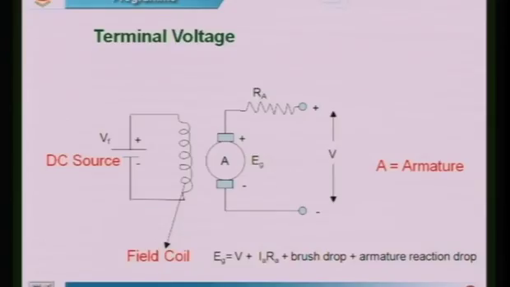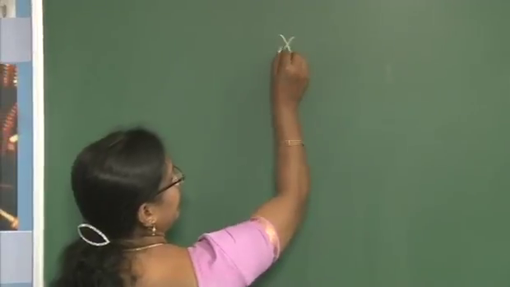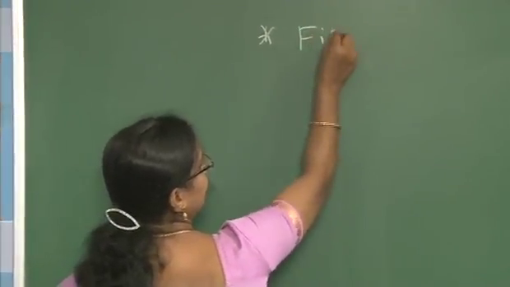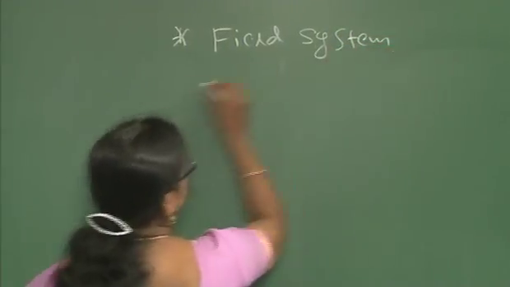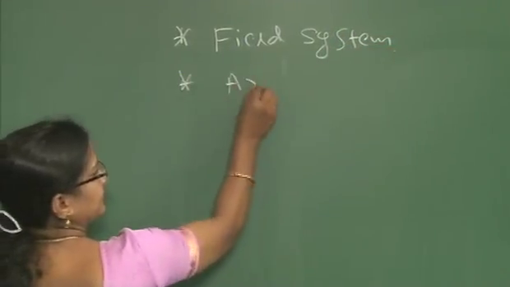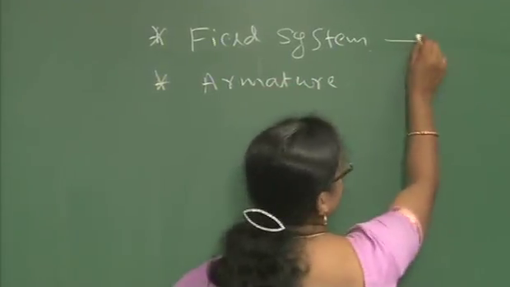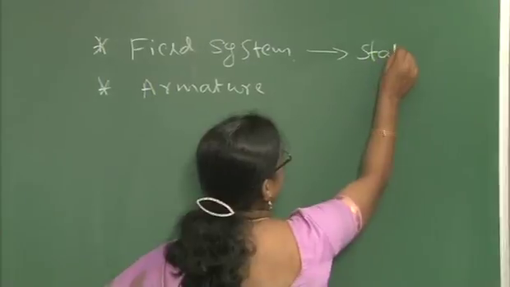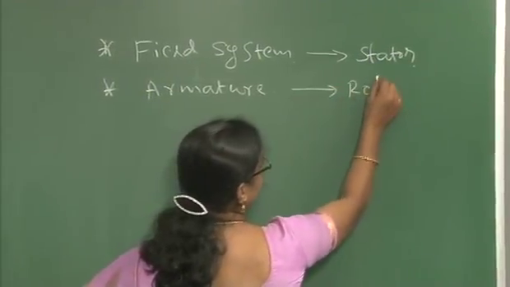I already told you that to work as a DC machine you require mainly two parts. One is the field system, another one is the armature. This field system we are going to consider as a stator, and the armature we are going to consider as a rotor.